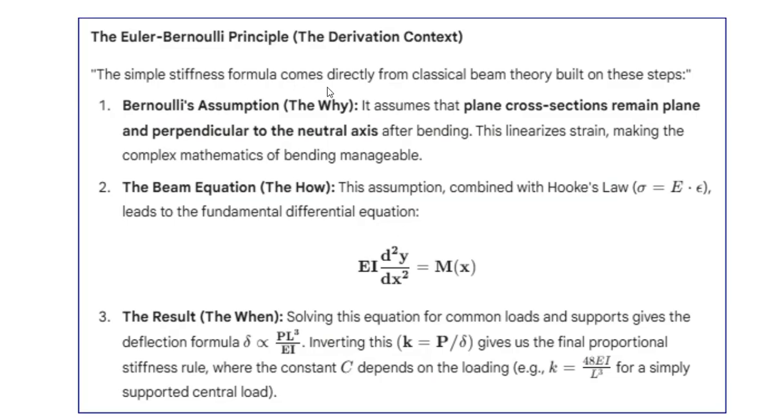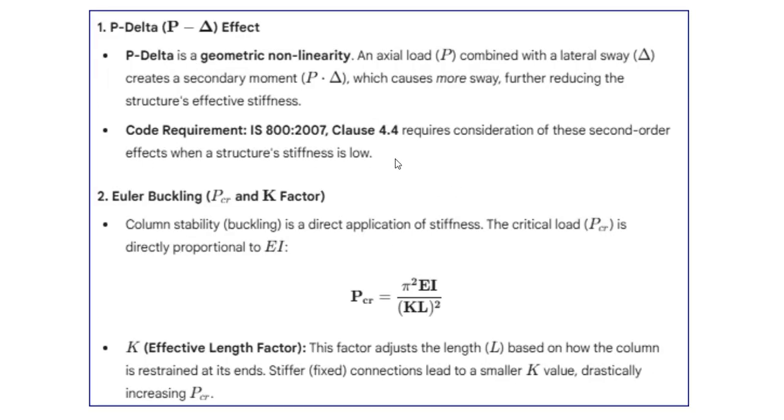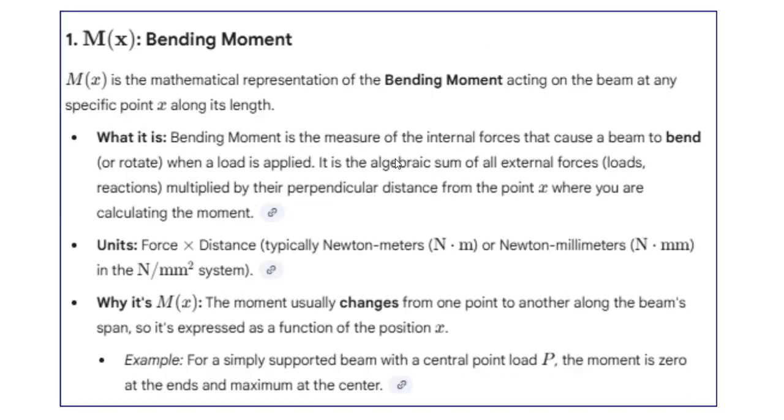The simple stiffness formula comes directly from classical beam theory, built on these steps. Bernoulli's assumption: it assumes that plane cross sections remain plane. We have already discussed it. So here Mx is the bending moment, the mathematical representation of the bending moment acting on the beam at any specific point x along its length.